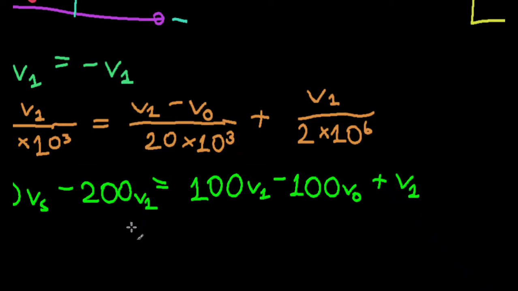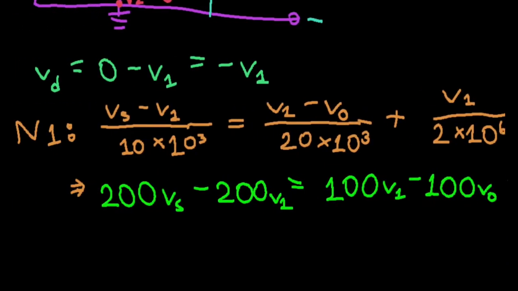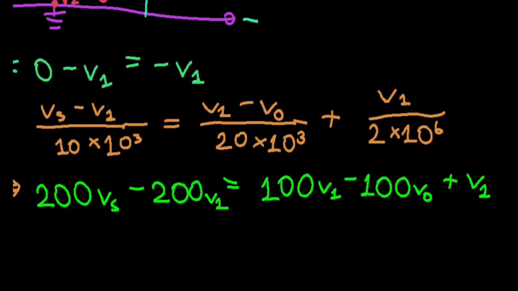All right, so this simplifies to, let's see, let's collect the terms. So we have Vs here. Do we have any other Vs? No, we don't. So we have 200 Vs. This is going to be equal to, we have V1 here, 200 V1, and if we add that, so this is 100 V1.